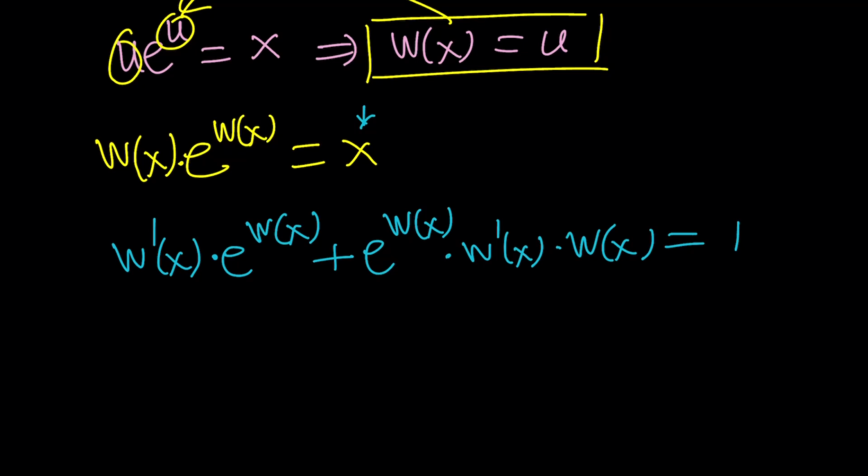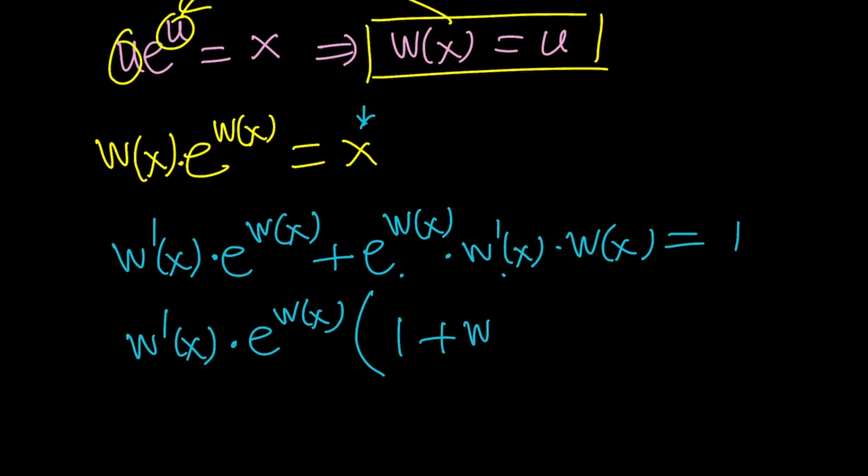Easy. Now let's go ahead and factor out some terms. We can factor out w prime times e to the power w of x. If we factor that out, we're going to get 1 plus w inside.